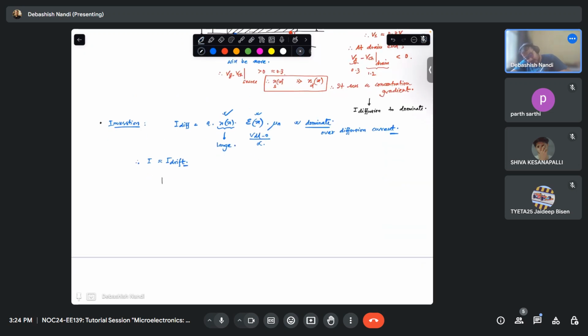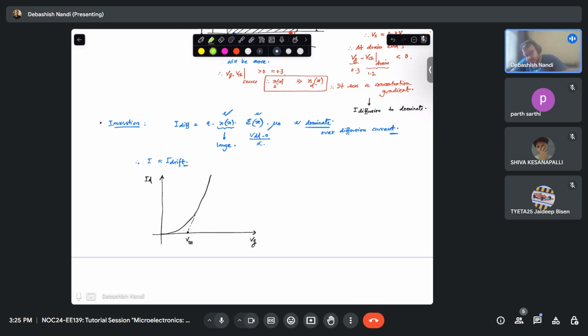If I plot your ID versus VG, how does it look like? It looks like this, right? Square law. And somewhere here you are having your VTH.